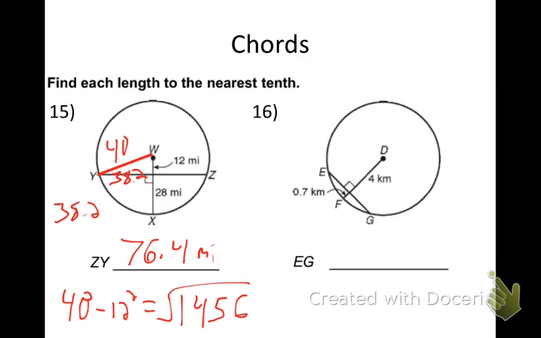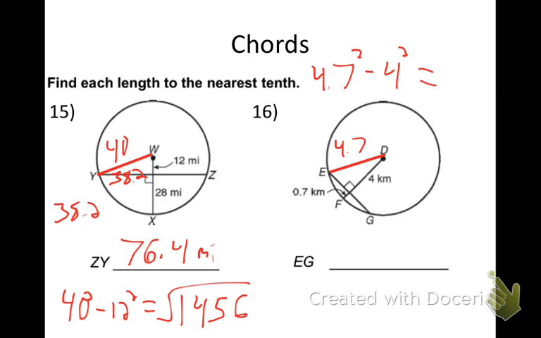Number 16. We want to find the length of EG here. So DE has a length of what? DE has a length of 4.7. So I would do 4.7 squared minus 4 squared. And what do you get when you subtract those squared? 0.7 squared?